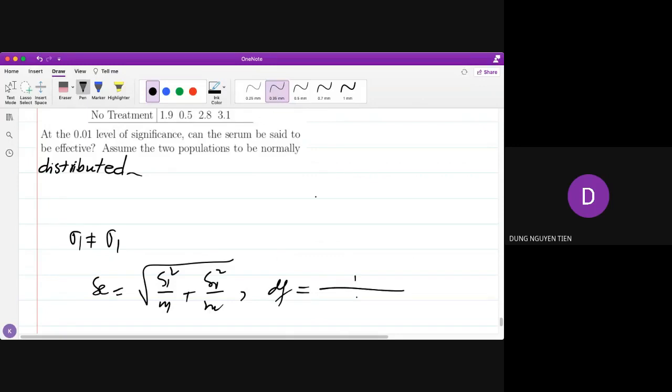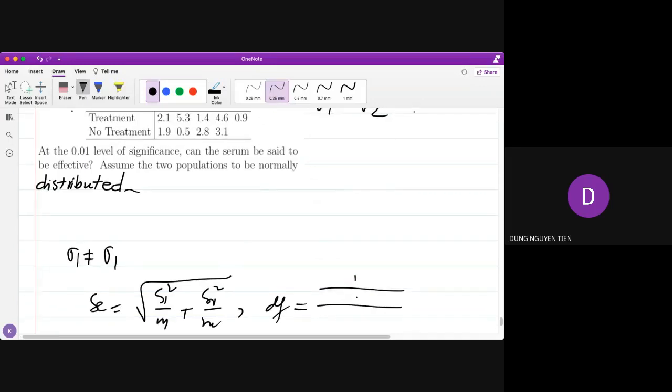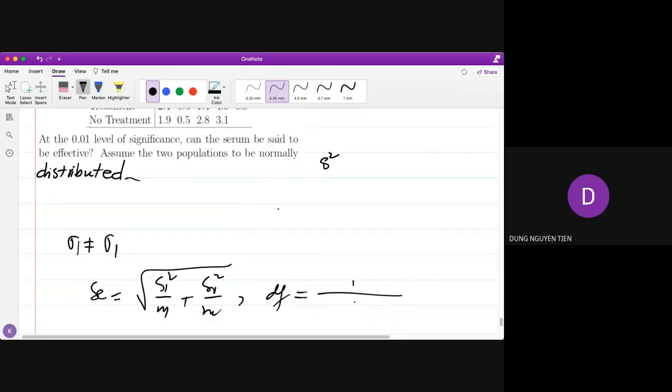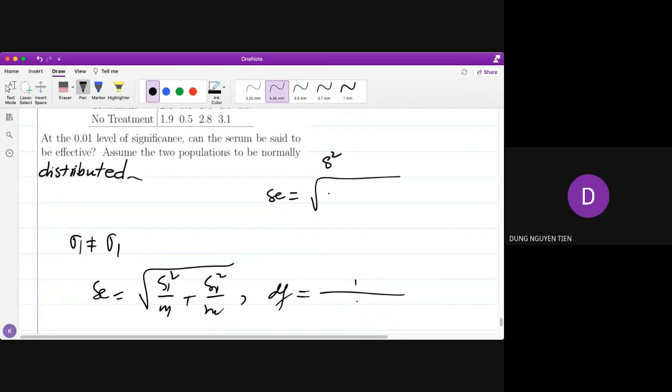And if they are the same, you have to find the pooled value, right? You need to find the pooled s square, and then you can find the standard error, which is the square root of s square times 1 over n1 plus 1 over n2. If they are the same, then we use this formula.